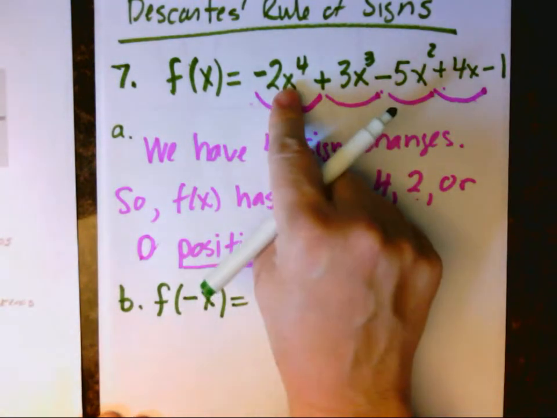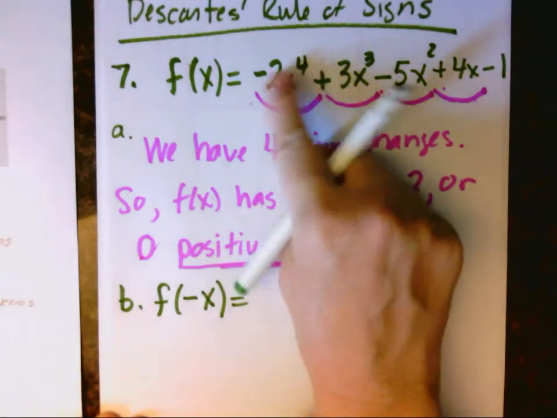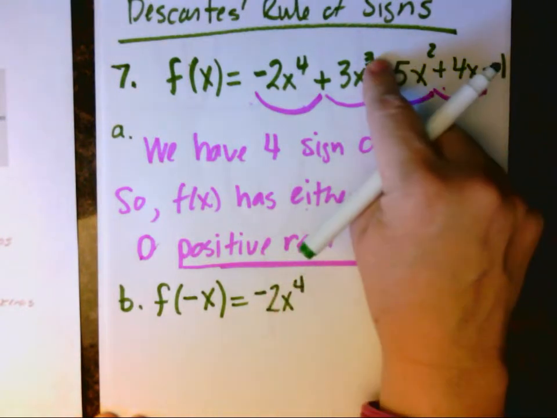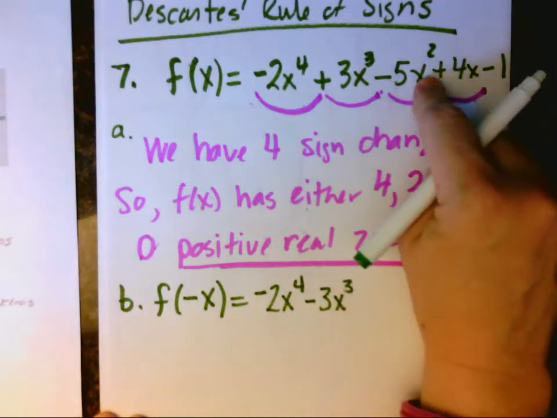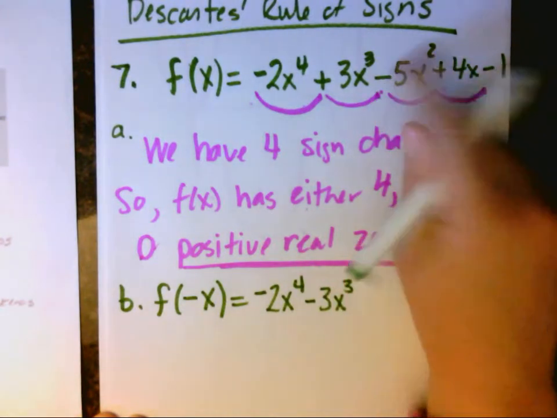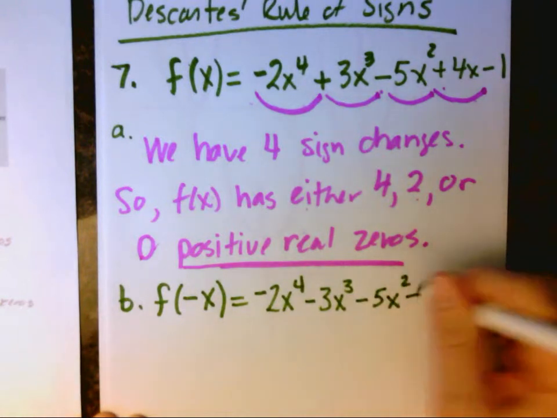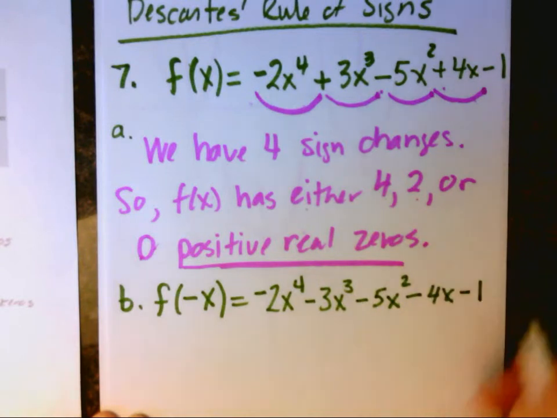So go ahead and substitute negative x all the way through here. Negative x to the 4th will still be positive, so that's still a negative 2x to the 4th. Negative x cubed will be negative, so this becomes a negative 3x cubed. Negative x squared will be positive, so that leaves that the way it is. So the even ones are staying the same and the odd ones are changing. Negative x times 4 is a negative 4x. And the minus 1, of course, stays the same.